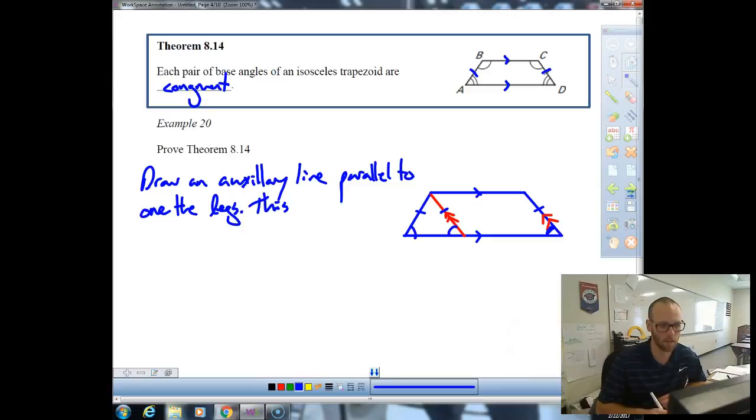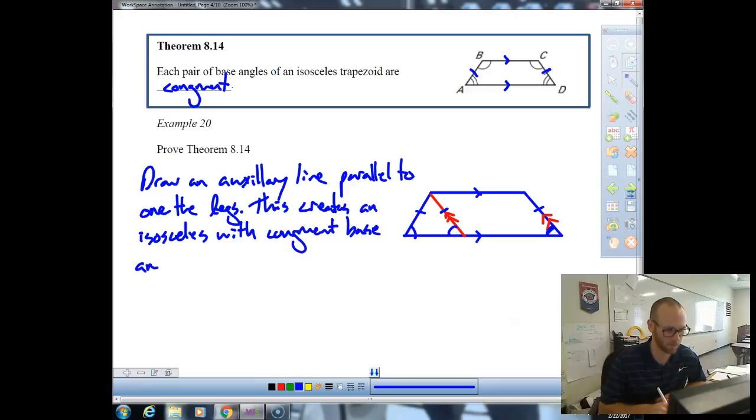Okay. This creates, ooh, that was bad. Sorry for the poor handwriting. Okay. This creates an isosceles triangle with congruent base angles.